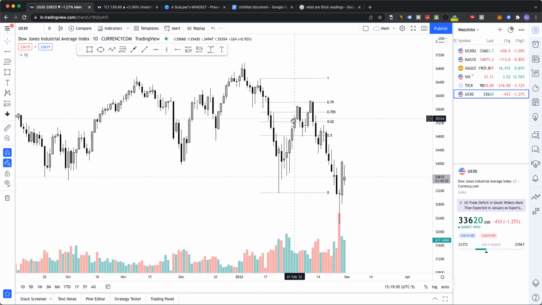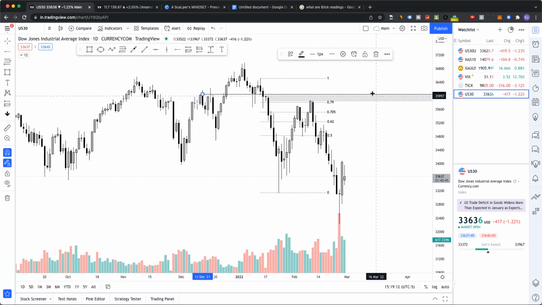We closed above the 62, pulled back, and then we went bullish. We tapped into the 79. 79 is an important level as we tapped into it here with the confluence of our QM level in the same zone as our 7.9, pulled back into an S&D zone, and then we obviously dropped, right?